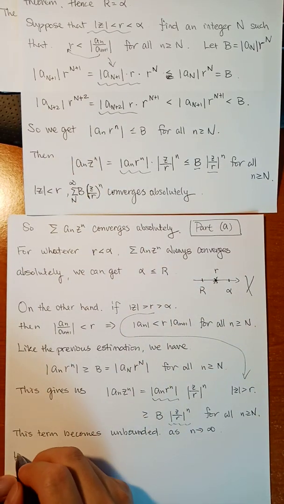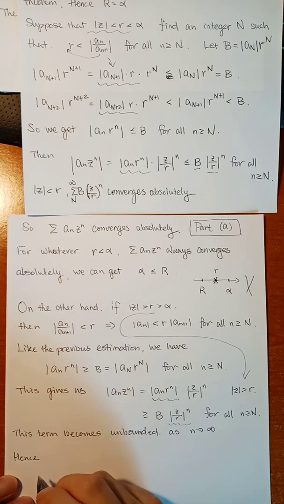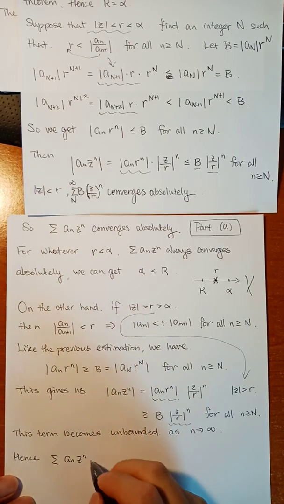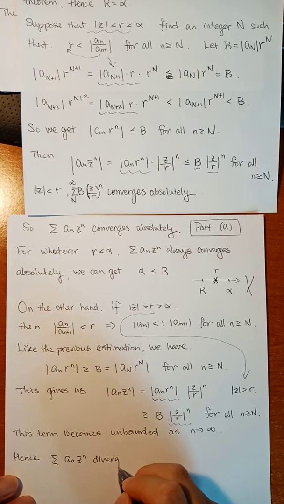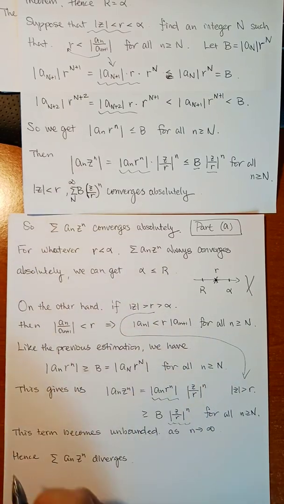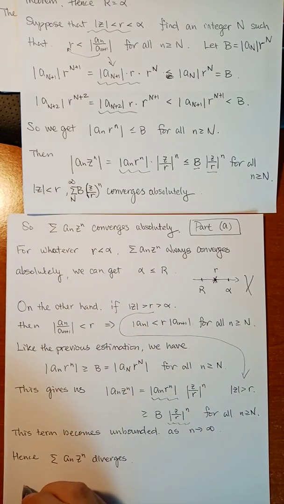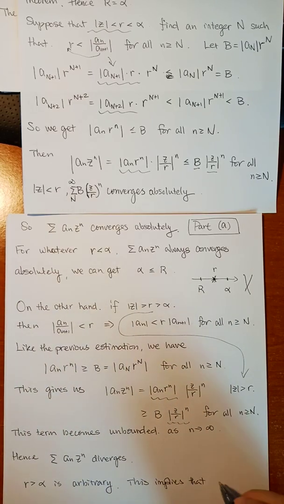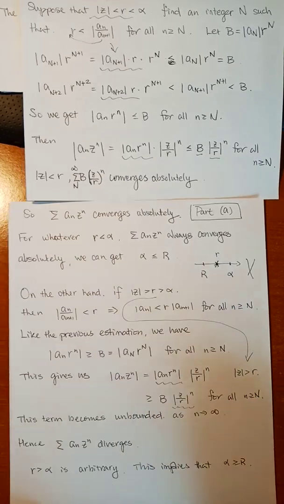Hence this series a_n z^n diverges. And r greater than alpha is arbitrary. This implies that alpha must be greater than or equal to r.